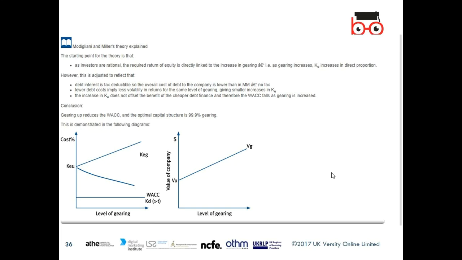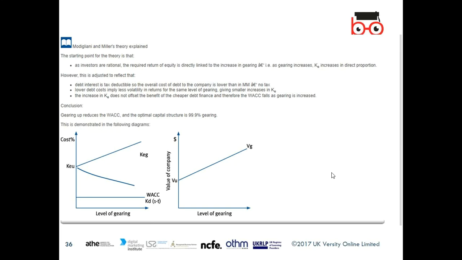There is a direct relationship: if the cost of debt increases, the cost of equity will also increase. However, this is adjusted to reflect that debt interest is tax deductible, so the overall cost of debt to the company is lower than the pre-tax cost. That is Miller and Modigliani with tax.